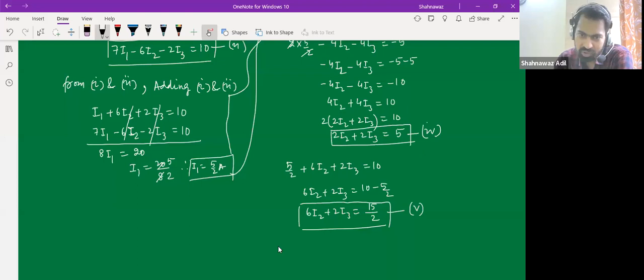So using fourth and fifth, what should we do? Should we add these two or subtract these two? One of the variables we have to cancel. So what should we do with these two equations?